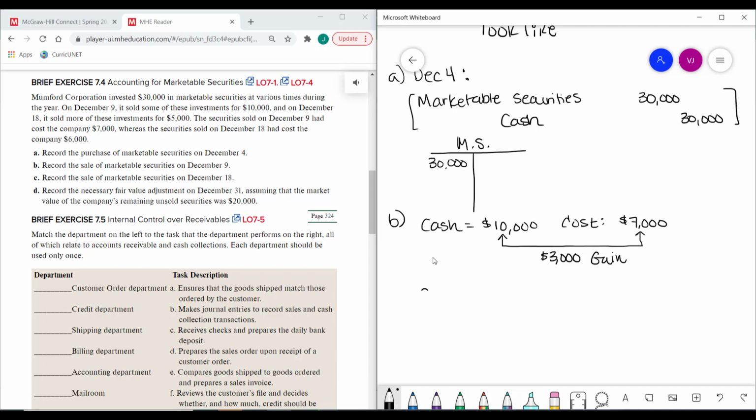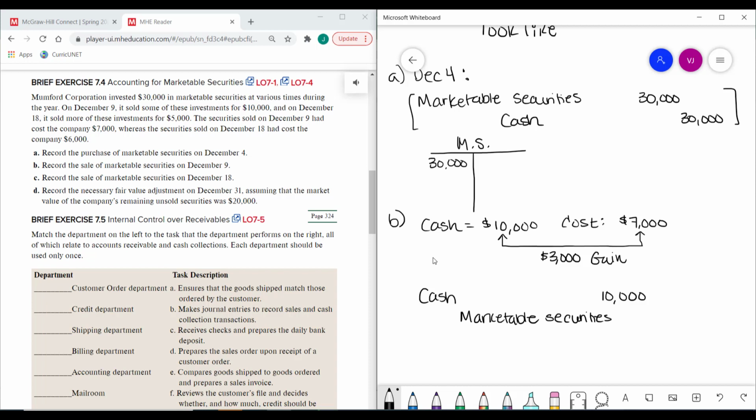So to record the sale, we'll debit cash for $10,000. And we're going to credit marketable securities for the amount by which you paid for them, right? Because if I sold marketable securities, I need to credit that account, decrease that balance in that account.